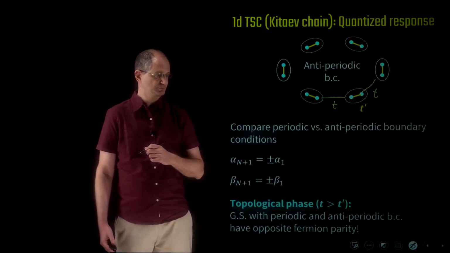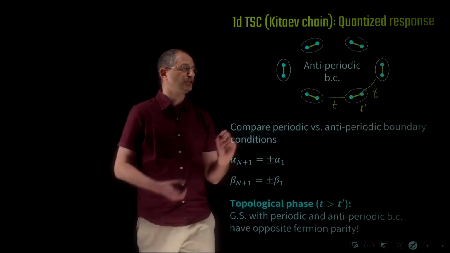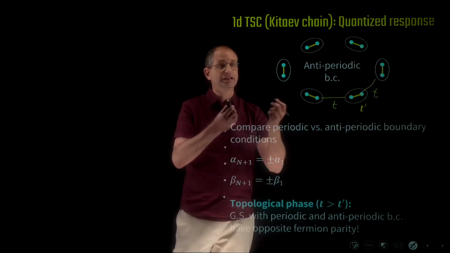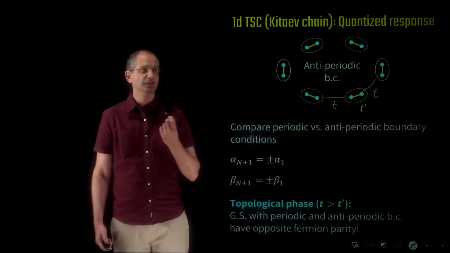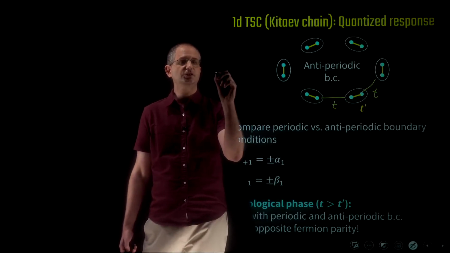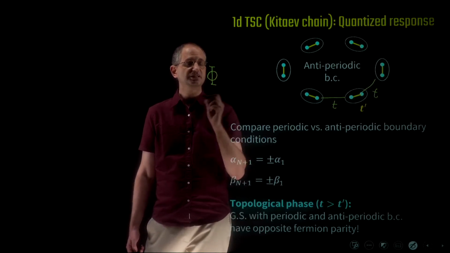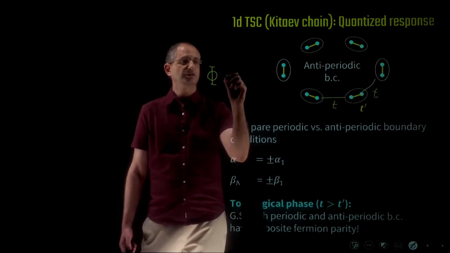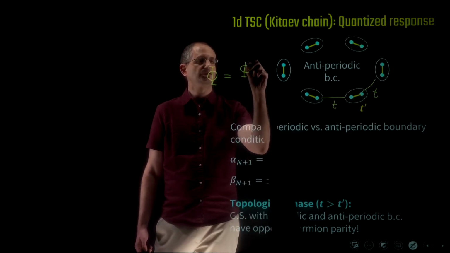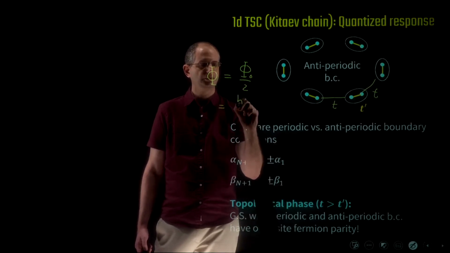Let's just mention that changing the boundary conditions for electrons from periodic to anti-periodic has a physical meaning. This corresponds to inserting a flux, as we saw before, through the system, a flux which is equal to phi naught over 2, or h over 2e.